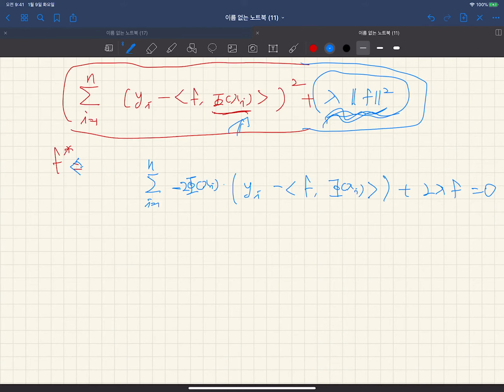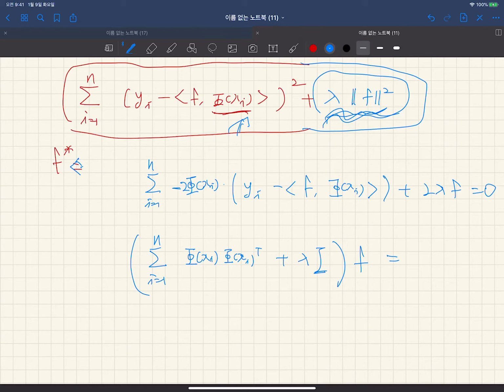Then, with the transpose plus lambda times the identity matrix, f star is equal to this form.